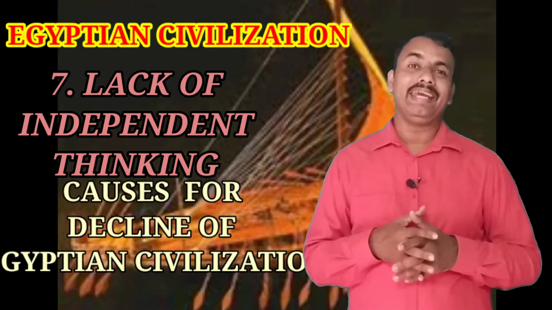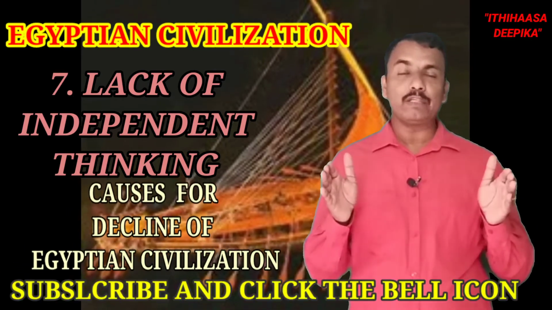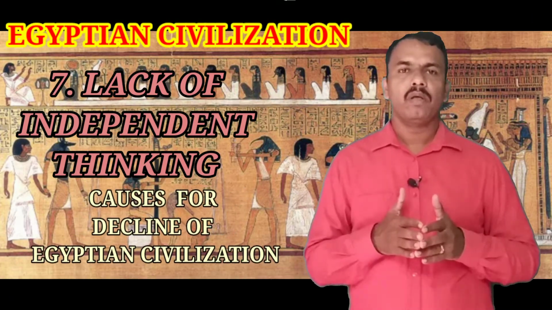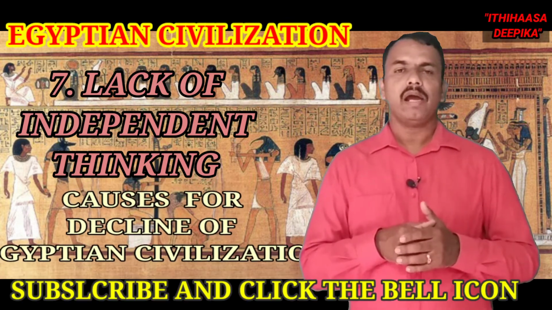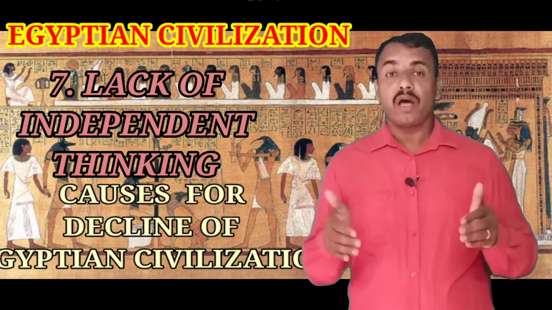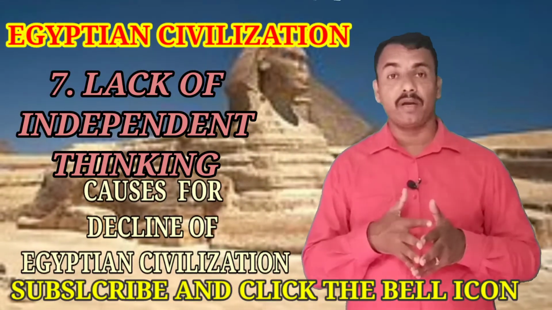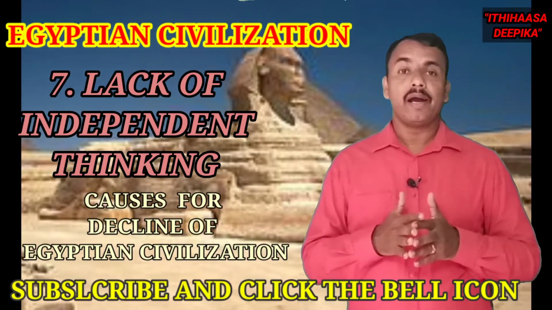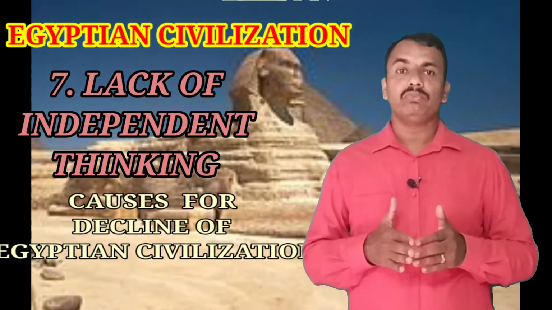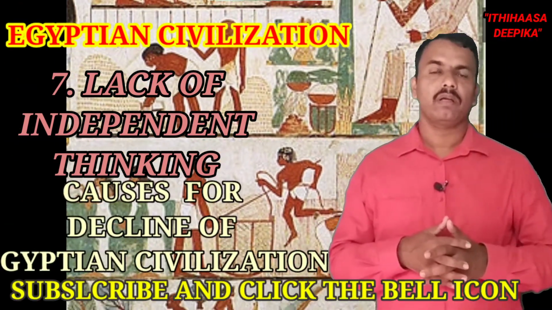The seventh one, the last one, is that material welfare and a contented life led to discouragement of independent thinking. It means the Egyptians gave more importance to material gain or material welfare. They concentrated on the construction of huge architectural buildings like pyramids, etc. They concentrated only on material gain, and it led to the decline of independent thinking.